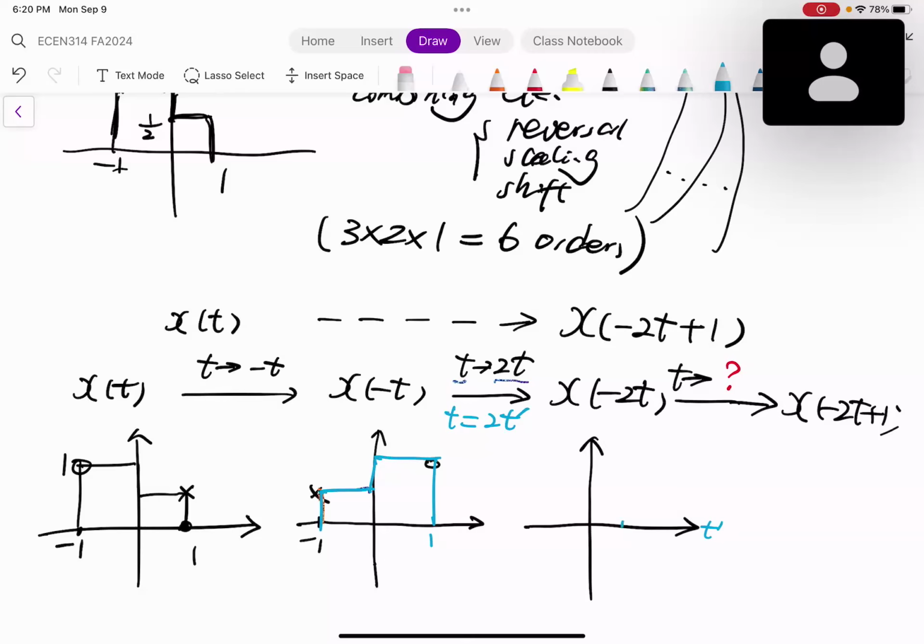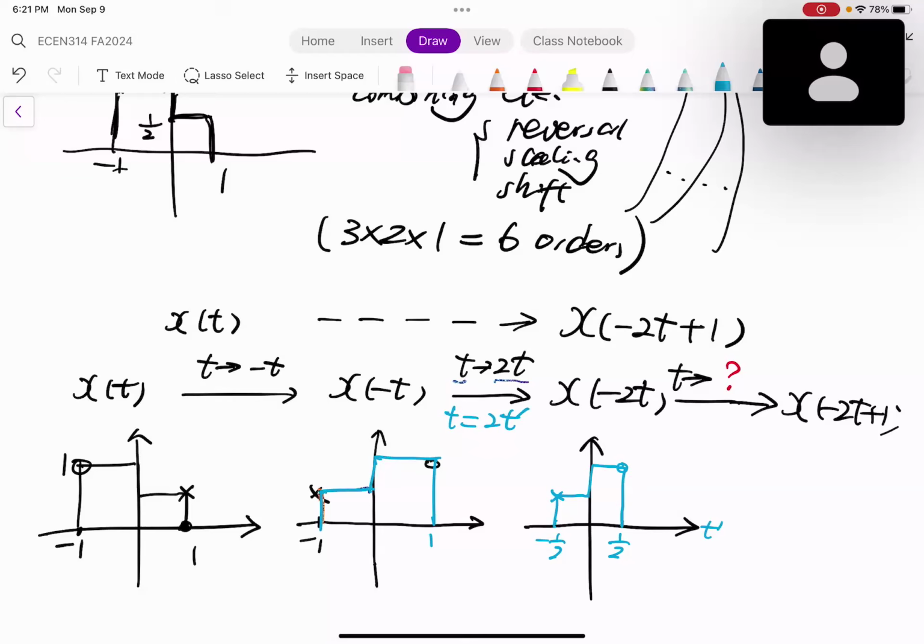So this is our new circle, and our new cross used to be at -1, and now it should be -1/2. So you're just changing t.